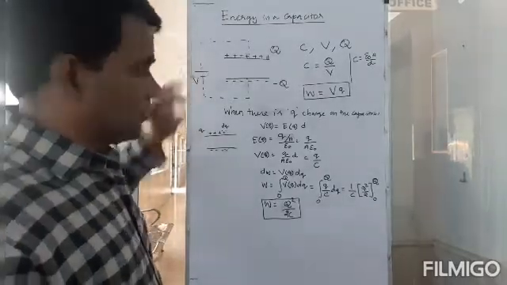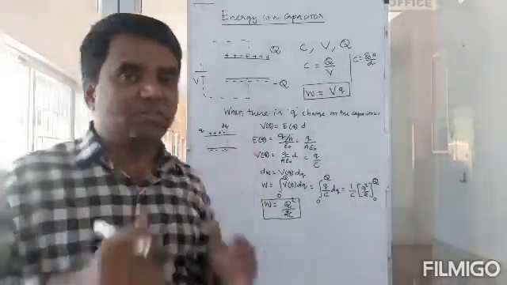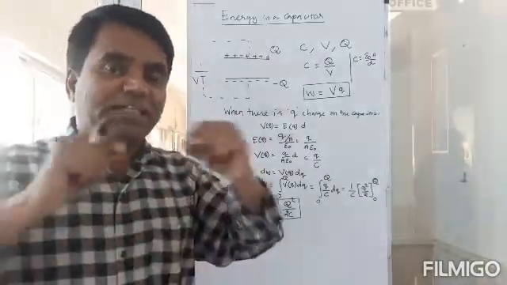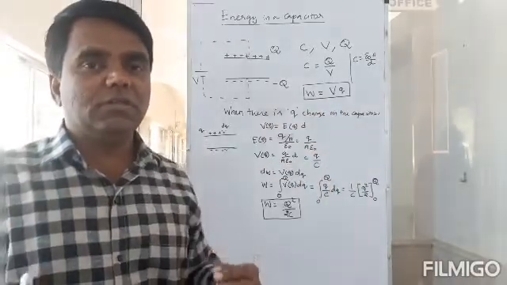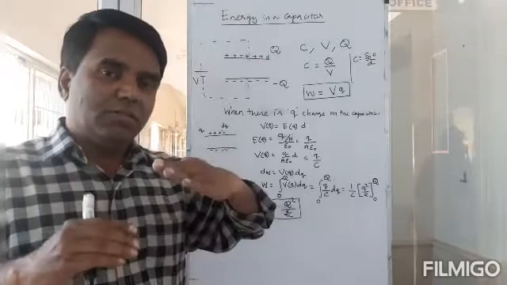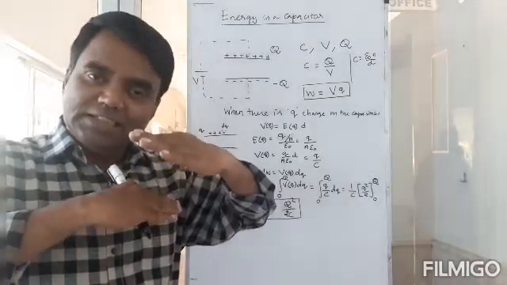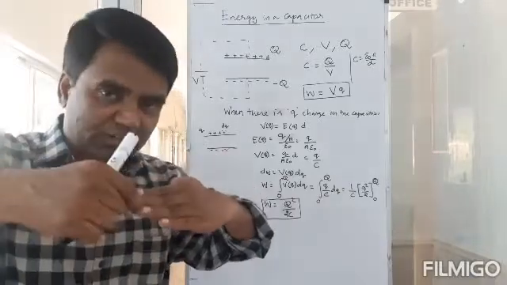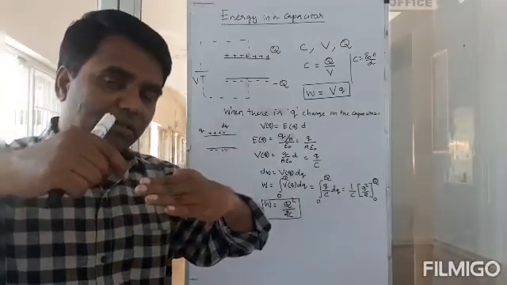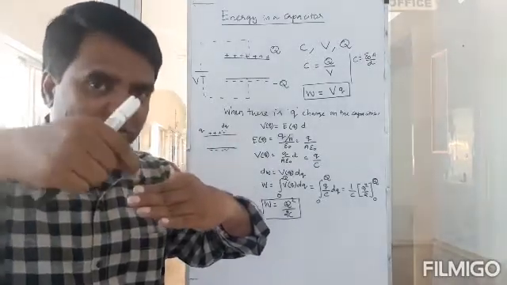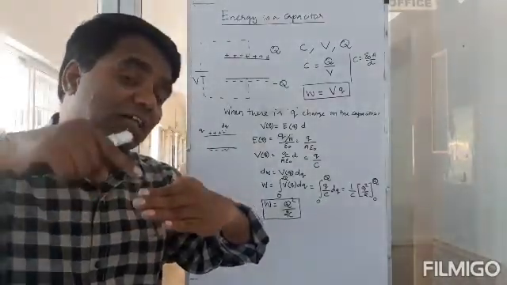Okay? So I want you to understand this. Initially, your capacitor is uncharged. Now you are connecting a battery across it. Now the battery will start charging the capacitor. Initially, the capacitor is not charged, so when it puts the first charge, the first dQ, there will be no work done. But when you put the next dQ, there will be some work done because there is already dQ present.